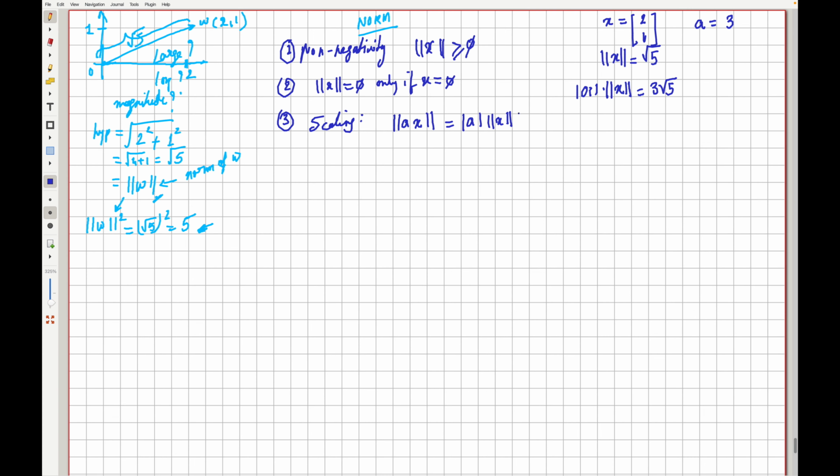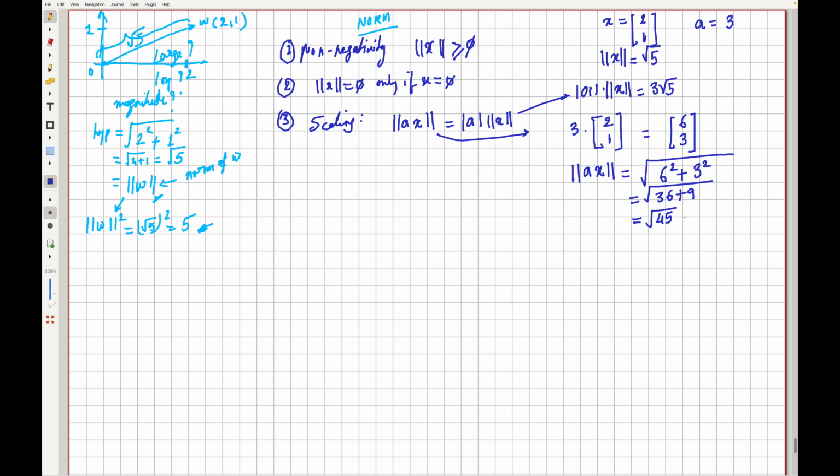Now that's this side. For the other side, we take the value of 3 and multiply it with the value of x that we have. So what we get is 6 and 3. Then we take the norm of that product, which is going to be 6 squared plus 3 squared, that is equal to 36 plus 9, which is equal to 45.